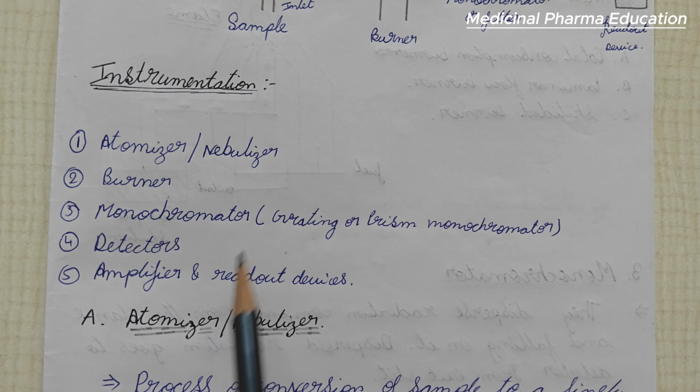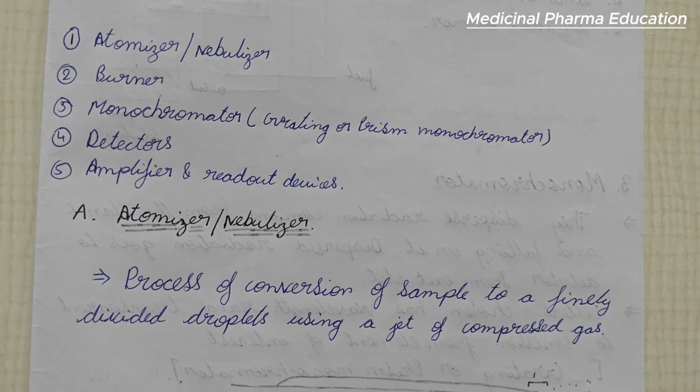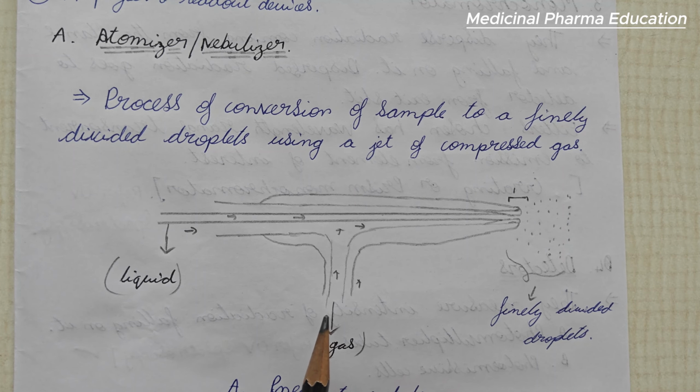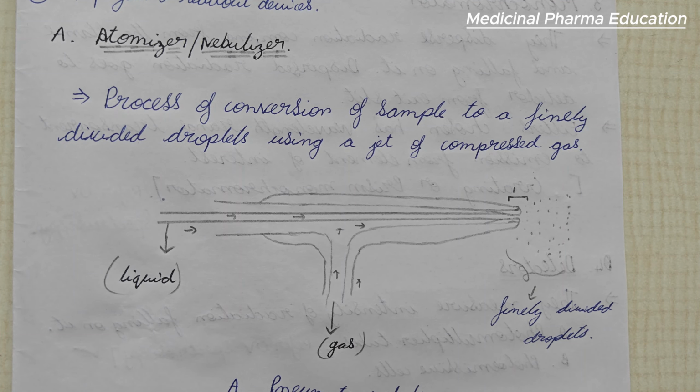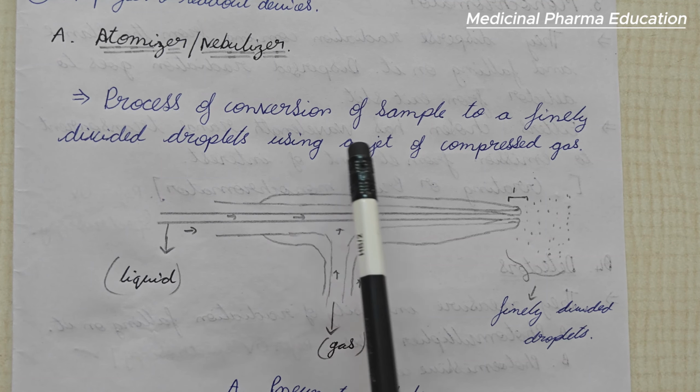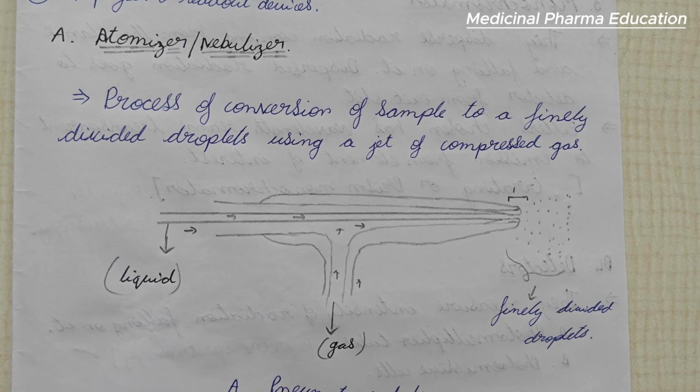Okay. Next, see, these are the 5 parts. First, the atomizer or nebulizer. What is atomizer or nebulizer? The name only says that the sample is sprayed into finely divided droplets. It is the process of conversion of sample into finely divided droplets using a jet of compressed gas. I already said you, right?